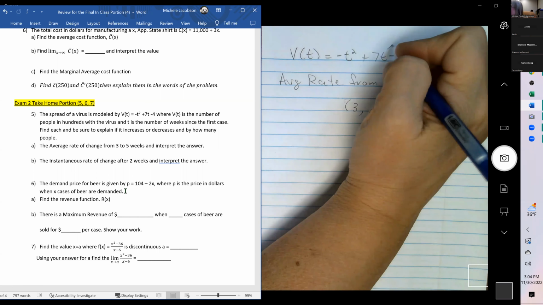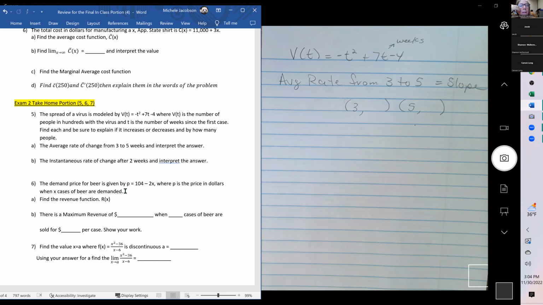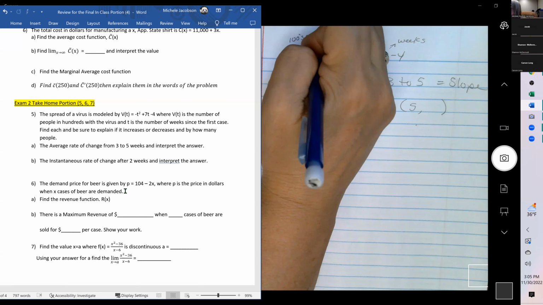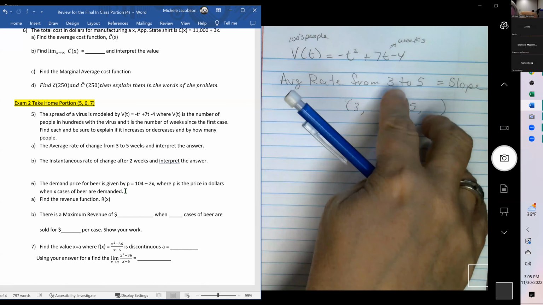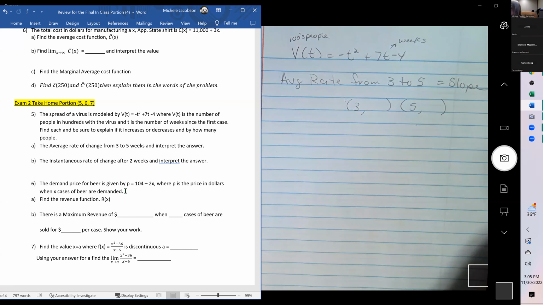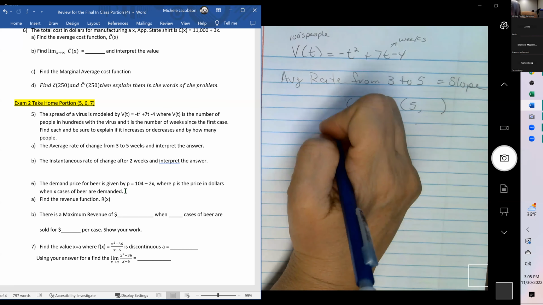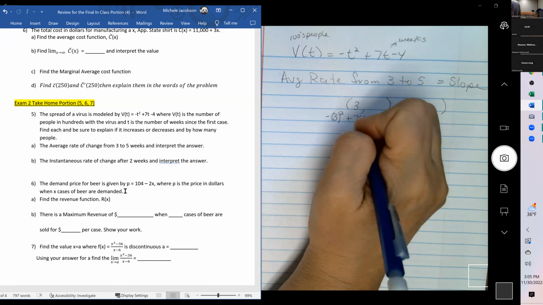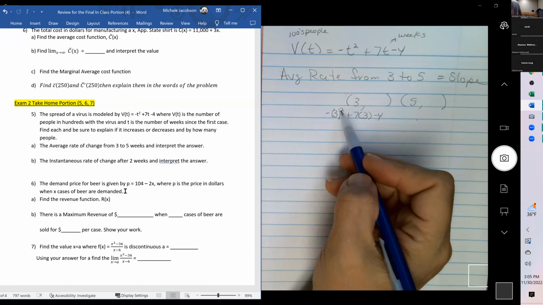Because t is time in weeks, and V of t is the number of people in hundreds with the virus. So it's the number of people infected. And we want to find out how it's changing from 3 to 5. We need to plug 3 and 5 in then in order to find our y value. You want to be careful. This is a -9.